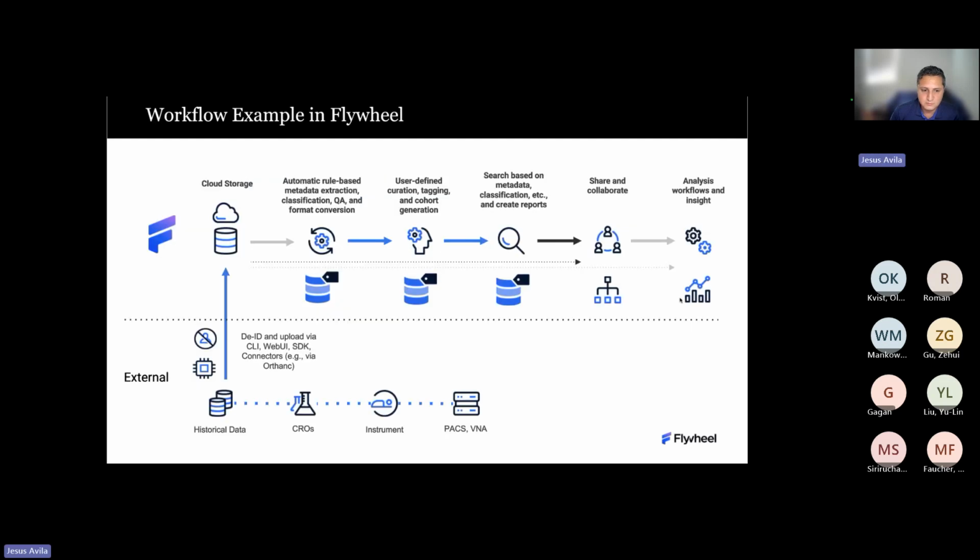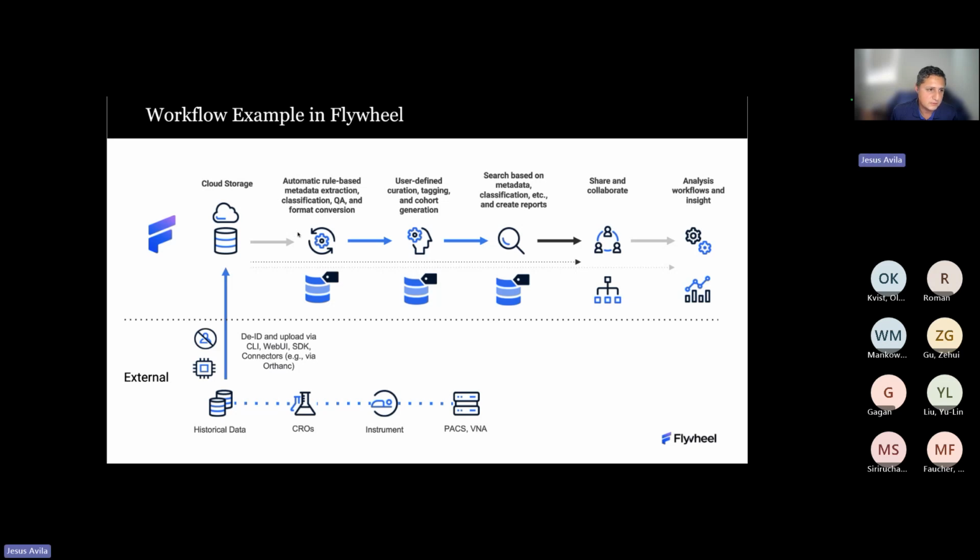All right. This is an example workflow: data sources from different places, and then someone would upload it to Flywheel. You can de-identify it and upload it through the command line interface, if you're familiar with running commands on your computer, the web UI, or use our SDK or the connectors if you have one.